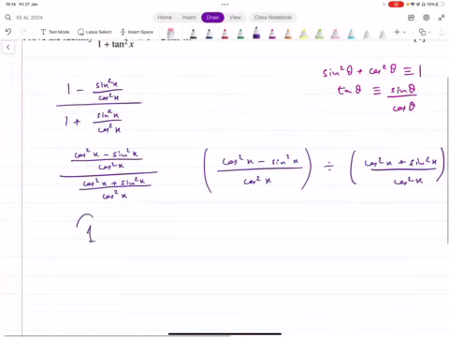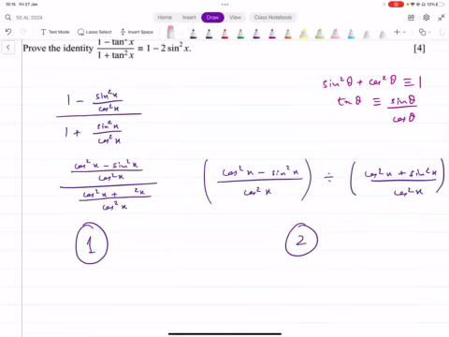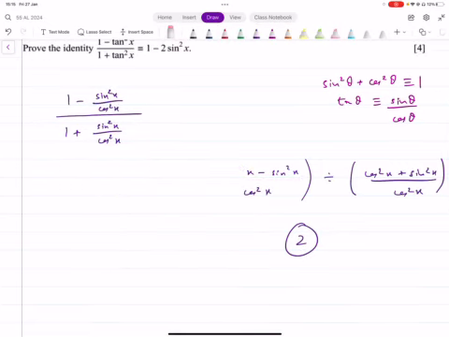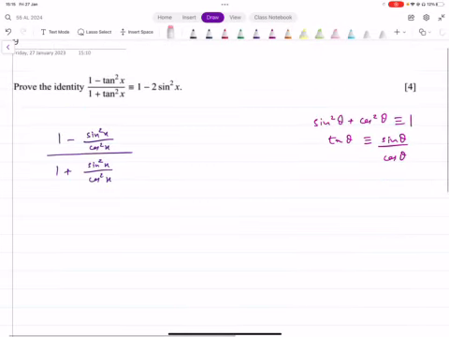How many of you prefer number one and number two? One, the one on the left hand side. Two. Okay, all right. Let's do it that way. Let's not make it too complicated then. Let's write it separately like this, because we've got fractions in the numerator and also in the denominator.